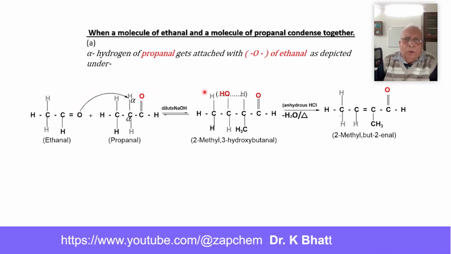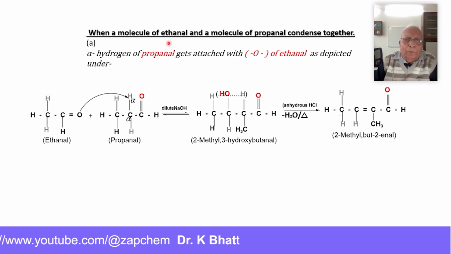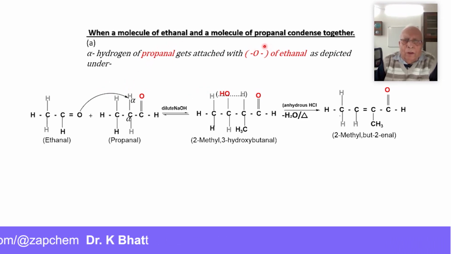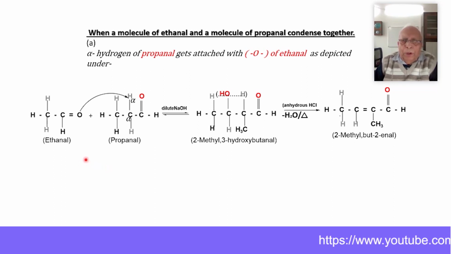Now let us go through a molecule of ethanol and propanol. These are two different molecules. They undergo condensation, and the condensation which would occur between them would be of two types.